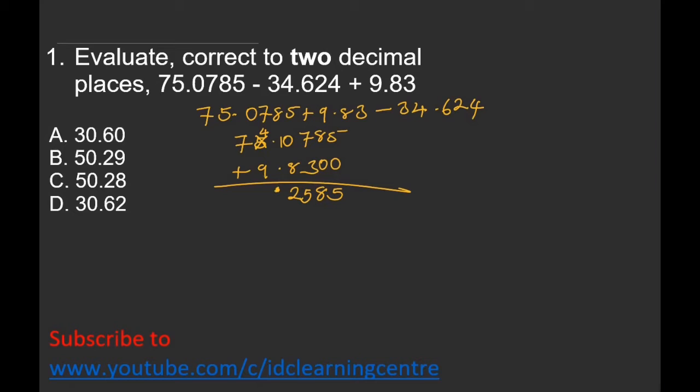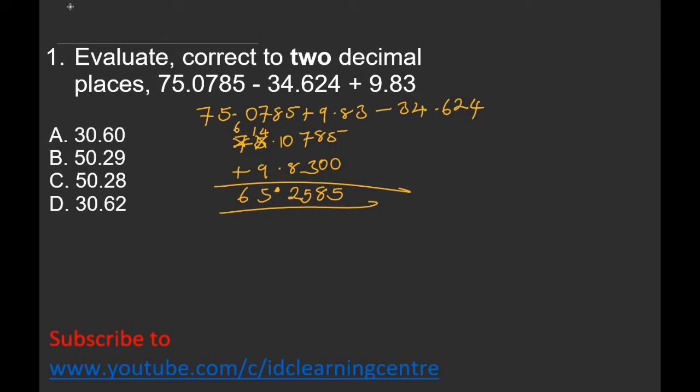Your decimal point, 4 minus 9, we have to borrow again, so this becomes 6, so this can be 14. 14 minus 9 is 5, and then 6 minus nothing is 6. Correct answer to the question.